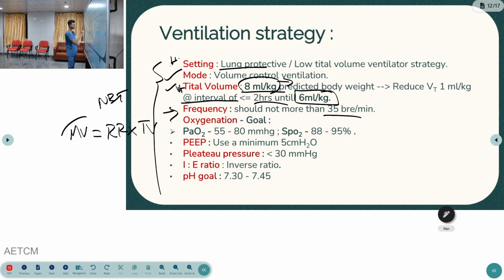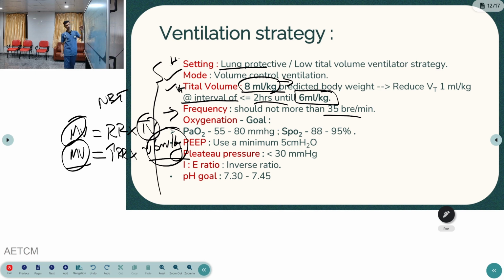Here we are reducing the tidal volume. We are maintaining the low tidal volume, 6 ml per kg, compared to 8 ml per kg which is normal, so to equalize this minute ventilation we are increasing the respiratory rate.